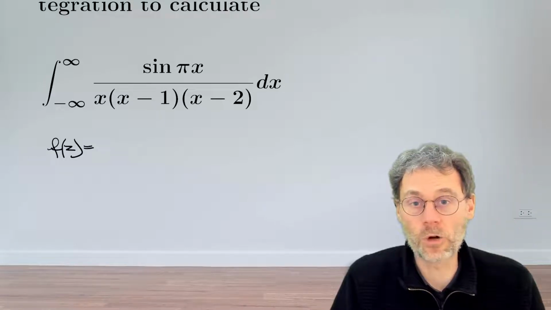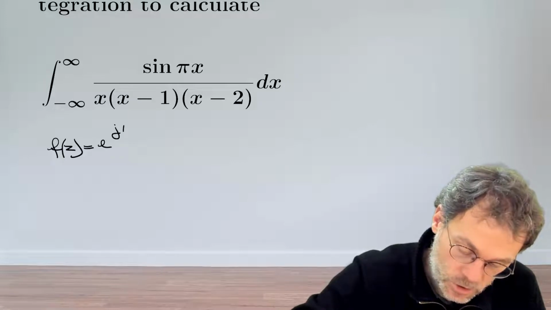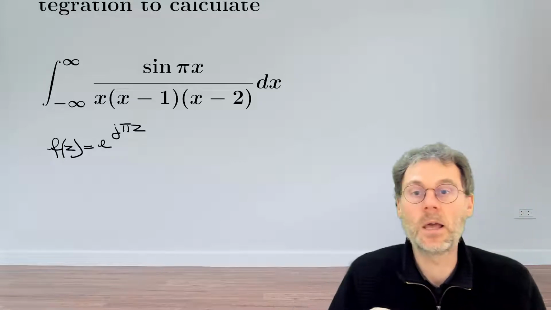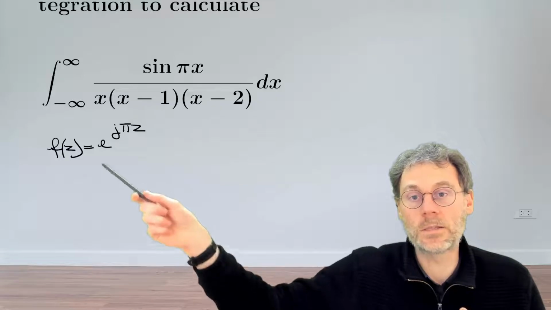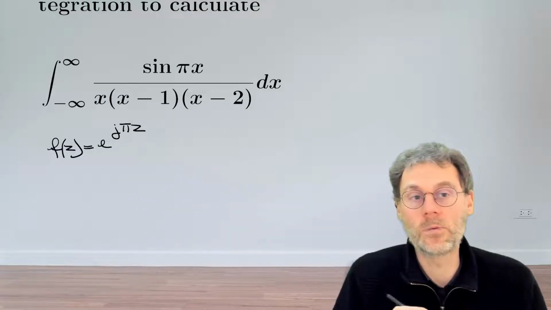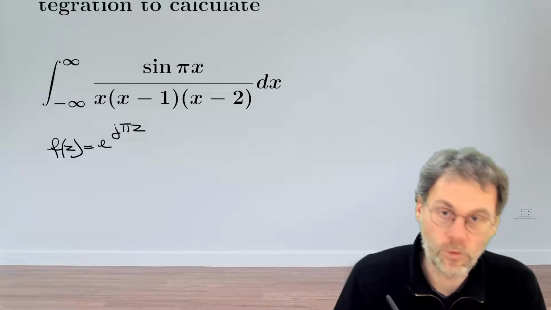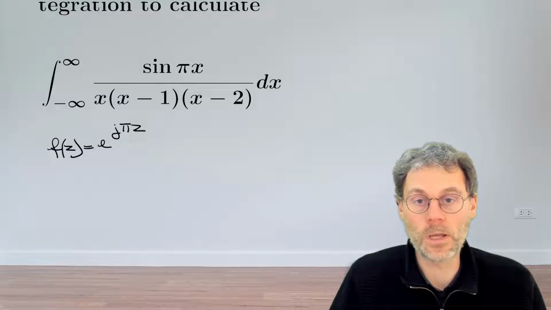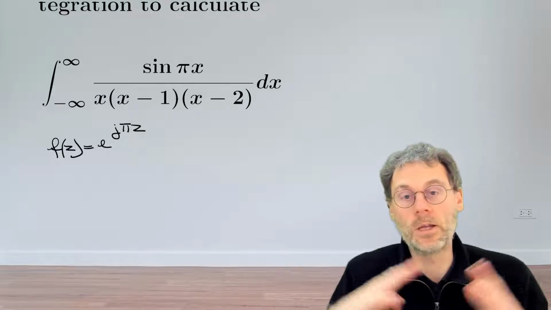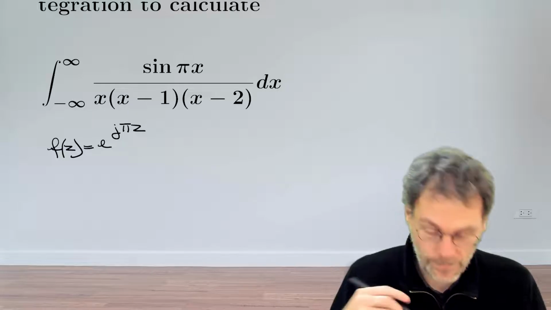And just as before, we will use a trick of having a complex exponential here, exponential j pi z, because if we evaluate this on the real axis and then take the imaginary part, we will end up with sine of pi x. So that's the same trick as we used before, and that way we don't have to worry about splitting into two different contributions with two different contours because of Jordan's lemma.